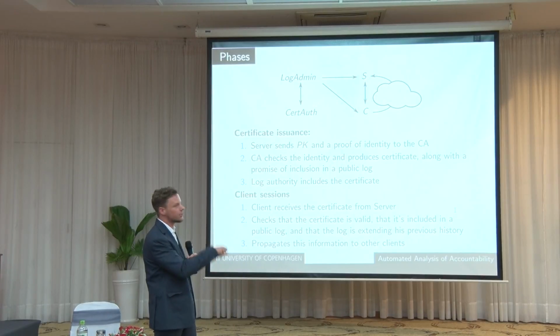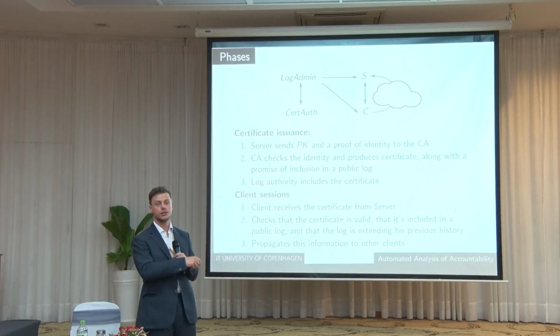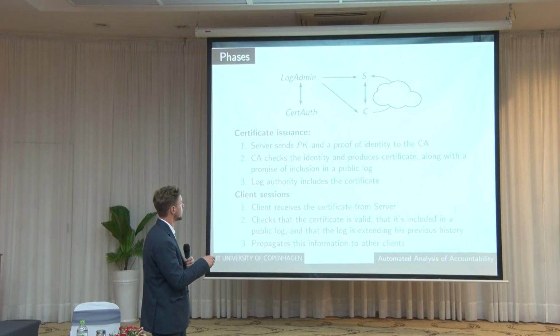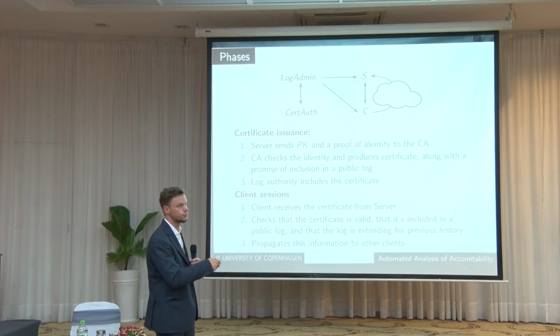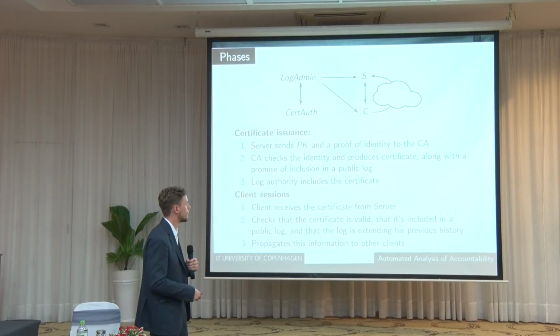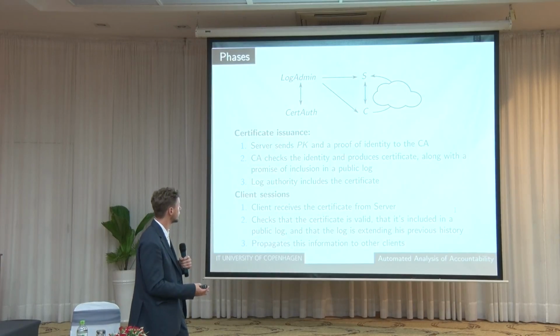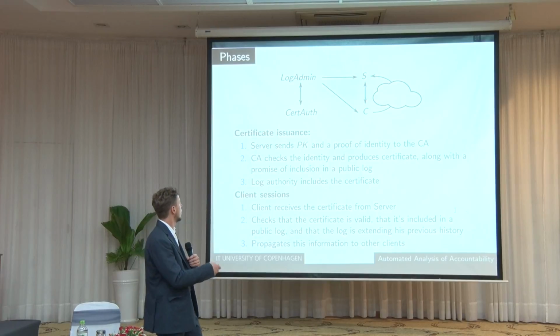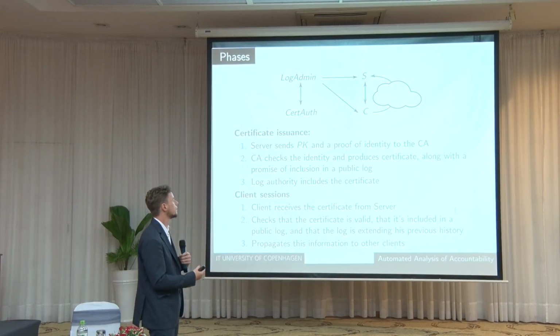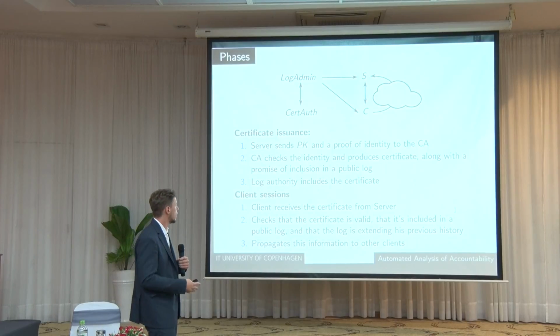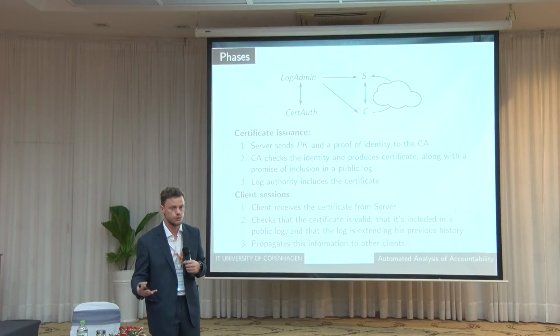So here I put everybody in the picture. But what happens is that for issuing a certificate, the server sends the key that it wants to be signed and some sort of proof of identity to the certificate authority. And then the certificate authority should check the identity of the server and produce a certificate, along with a promise of inclusion in the log.